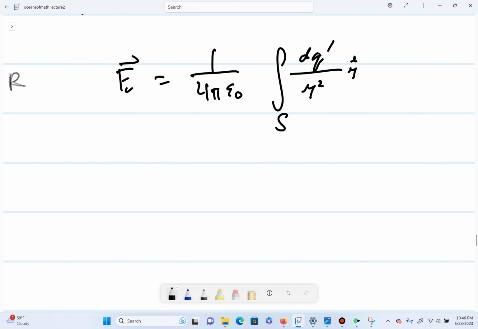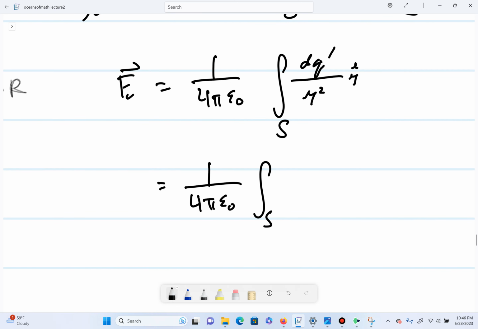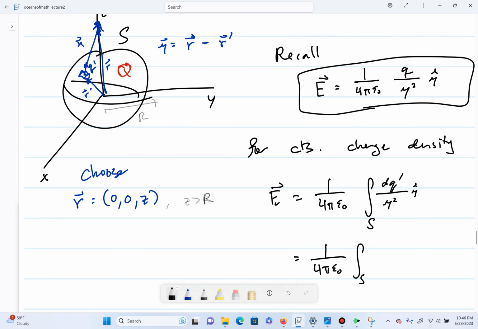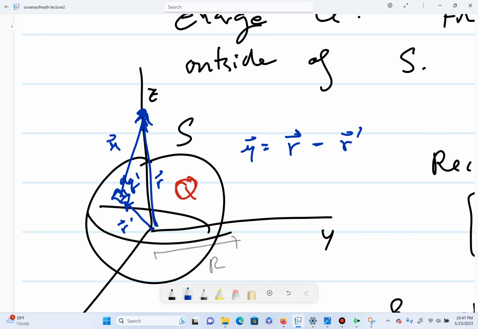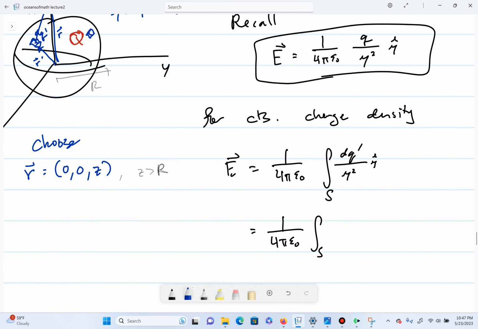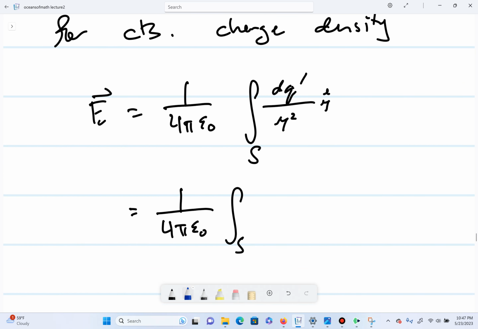First thing I'm going to do is get rid of the r hat. The hat denotes a unit vector that just gives us the direction of the electric field. But since I'm integrating, notice that this direction, little r hat, is changing, because as I integrate along the sphere, I'm going to have different source charges contributing infinitesimal amounts in different directions. And so I'm actually integrating over this r hat vector as well.